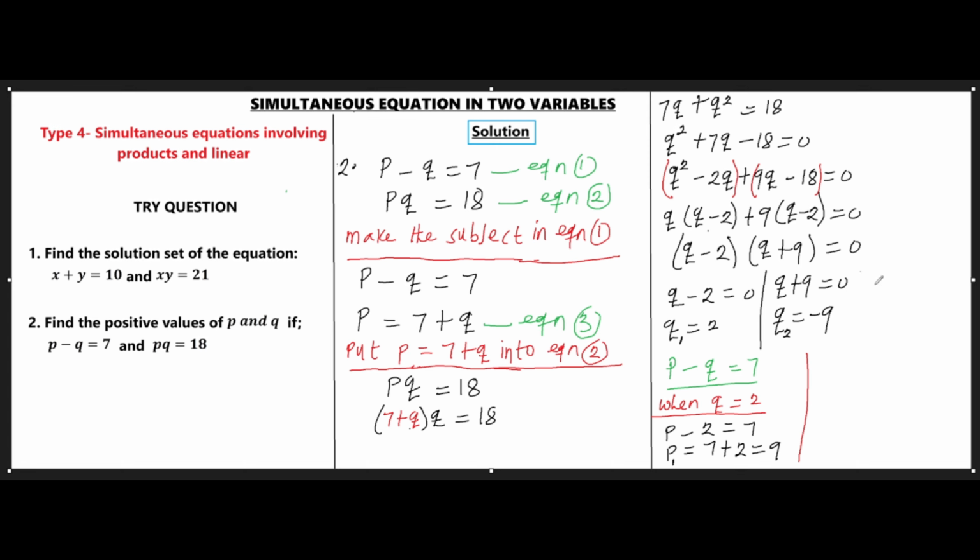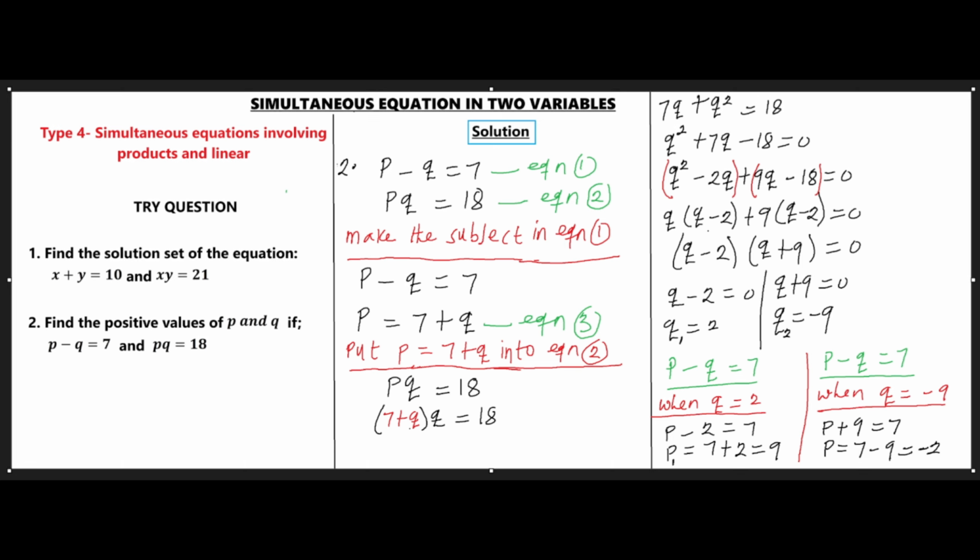Again, going by the first equation, p minus q is equal to 7. This time when q is minus 9, we have p minus minus 9, so that becomes plus 9, and this must be equal to 7. So p is equal to 7 minus 9, and this gives us minus 2.